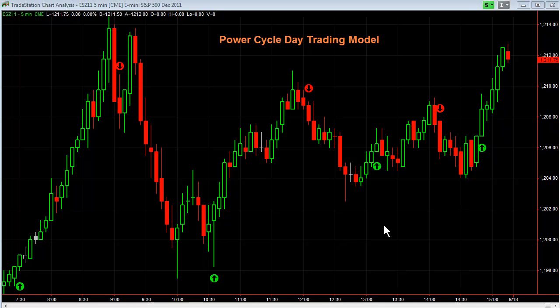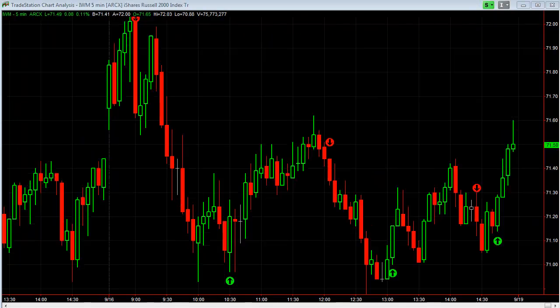The next one I'll show you is the Russell 2000 ETF, IWM. Once again, here's the IWM, and it was triggered at about 9 o'clock, right on that Michigan sentiment number. It had that spike down, came back up, and then fell off again. Then it had a long entry at 10:30, a nice move up.